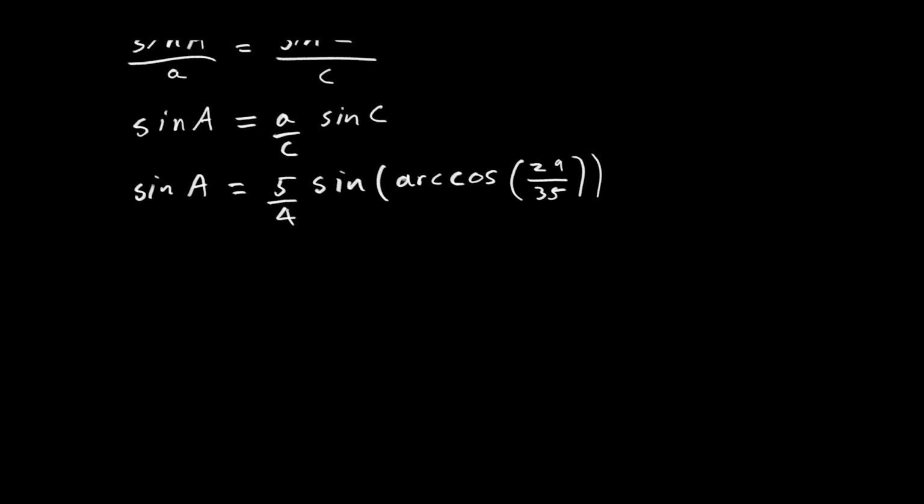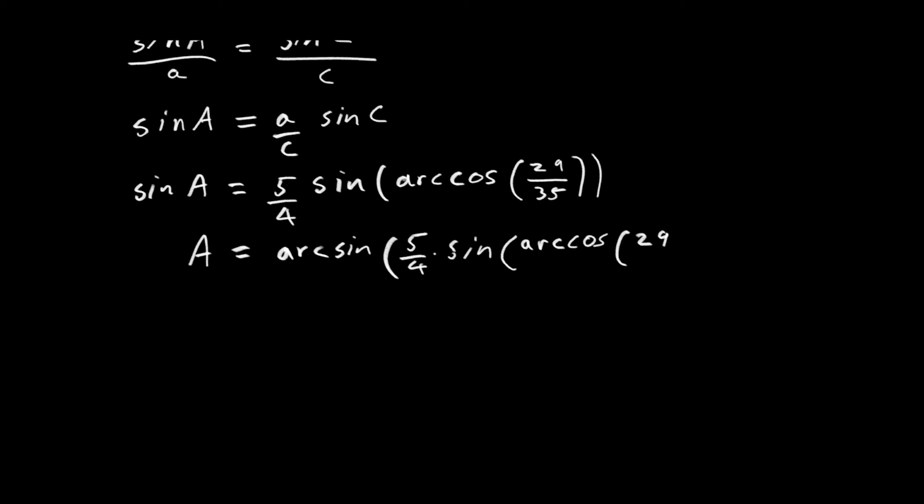And then take the arc sine of both sides. So a would be equal to the arc sine of the entire right-hand side in the previous line. So the arc sine of 5 over 4, okay, times the sine of the arc cosine, the inverse cosine function, of 29 over 35.